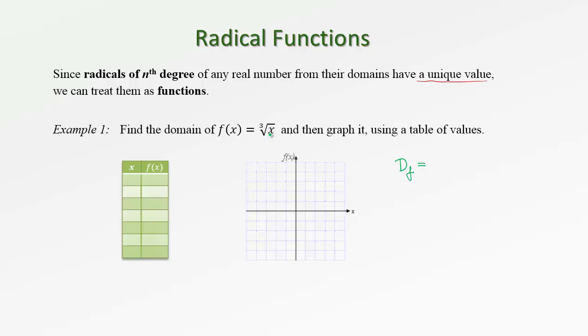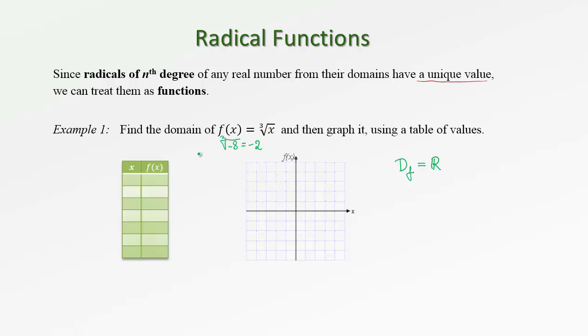What about negative numbers? Remember, cube root of, for example, negative 8 was negative 2, because negative 2 cubed gives us back the radicand negative 8. That's just an example, but you can do it for any negative number. Therefore, the domain of this function is all real numbers. There is no problem calculating an odd degree root of any real number.